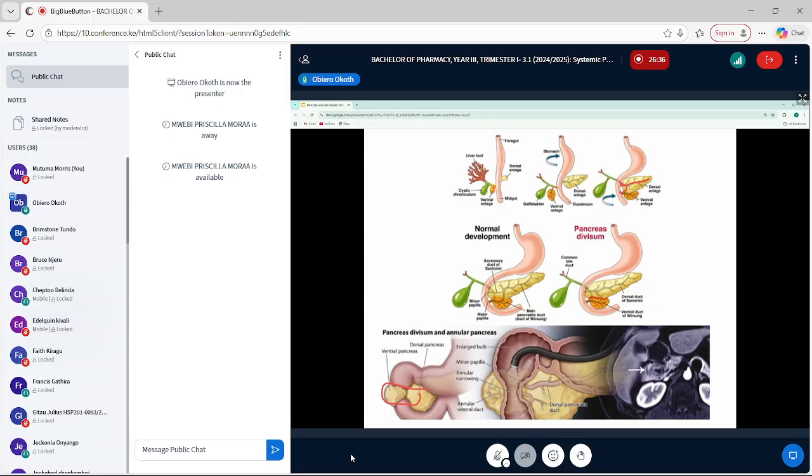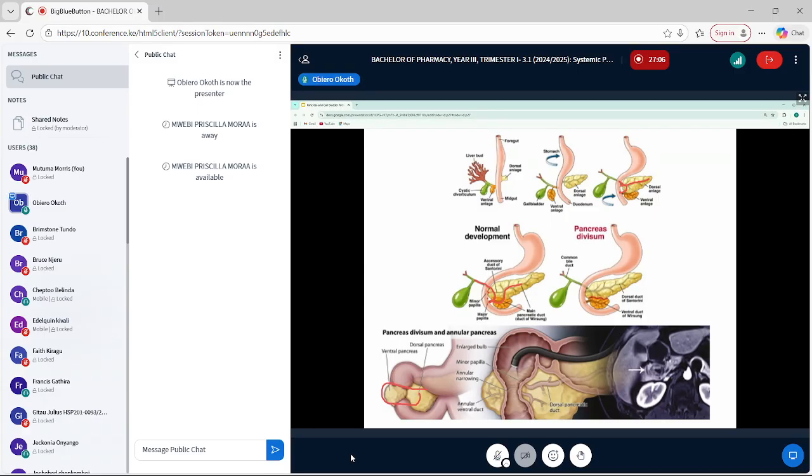This is the normal development. You have the main pancreatic duct, and ending up with the major papilla into the ampulla of Vater. Then you have a small minor papilla here. So some of it from the dorsal goes into the minor papilla.